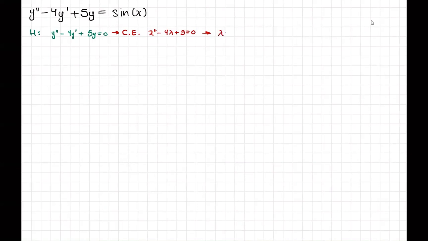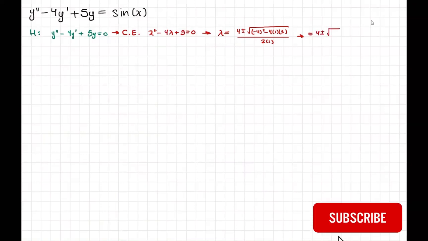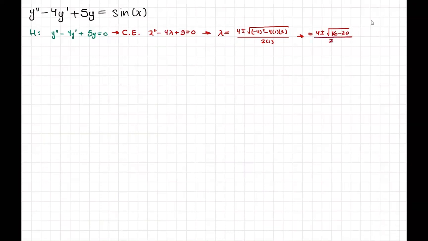quadratic formula. So lambda equals negative negative 4, which makes it positive 4, plus or minus the square root of negative 4 squared minus 4 times 1 times 5, over 2 times 1. So solving here, we get 4 plus or minus the square root of 16 minus 20 over 2, which is 4 plus or minus the square root of negative 4 over 2.